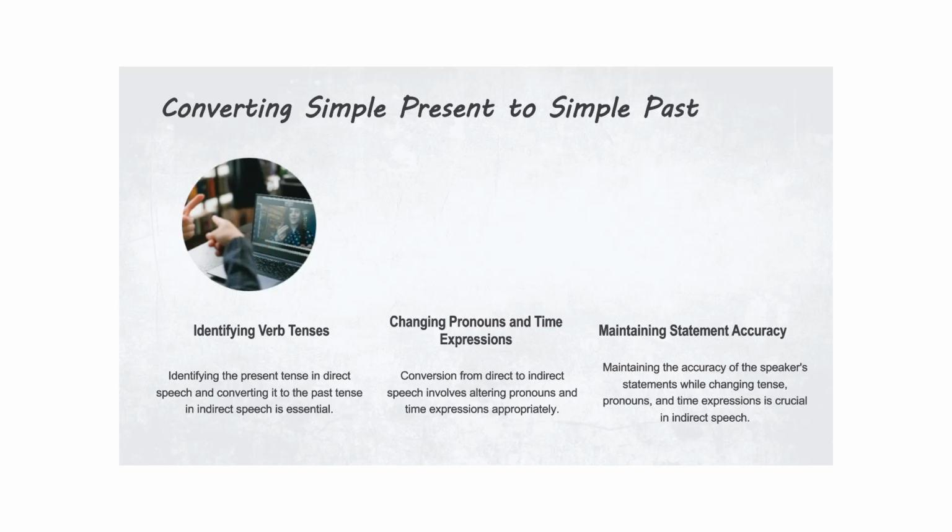Let's say if the adverb of time today is used in constructing a direct speech, while converting that direct speech to indirect, today will become that day, now will become then, ago will become before, and there are many more like that.